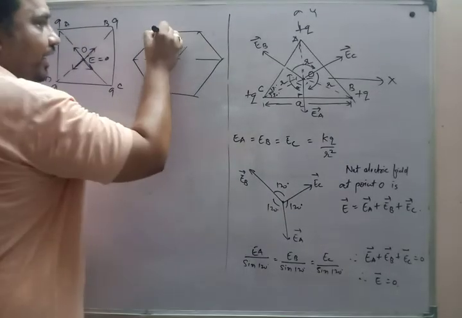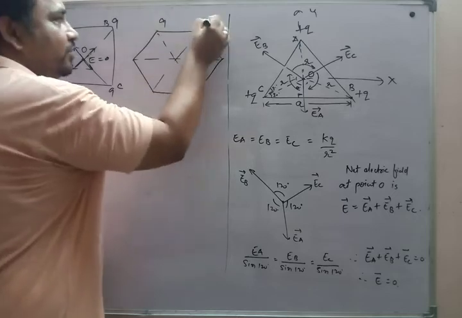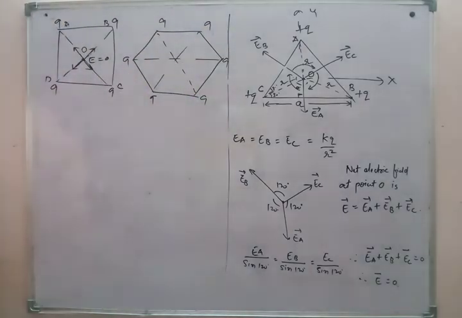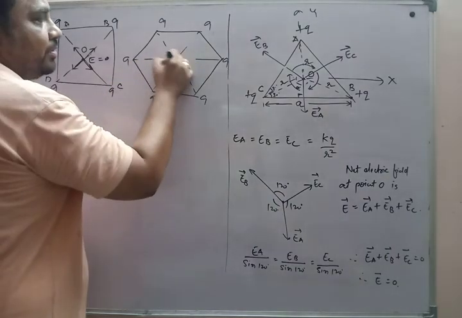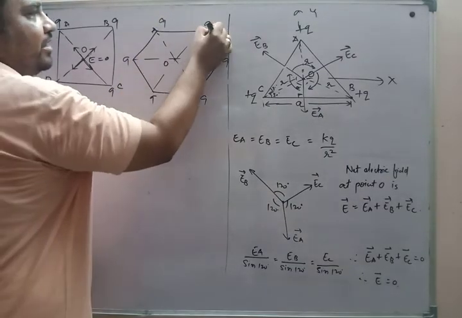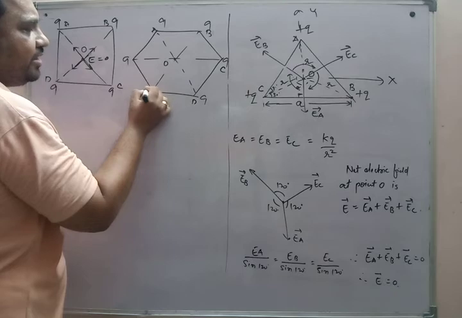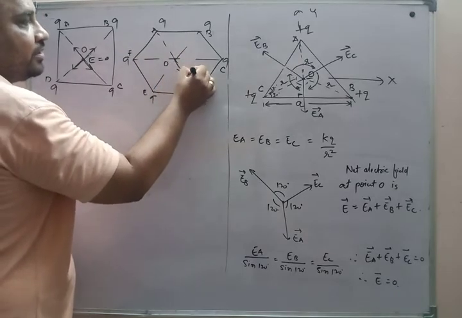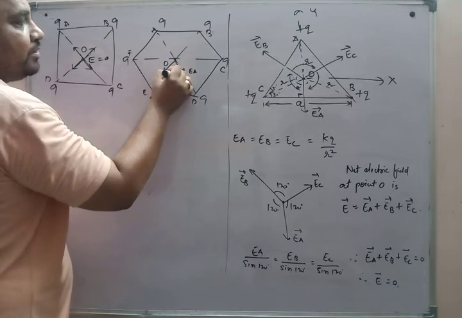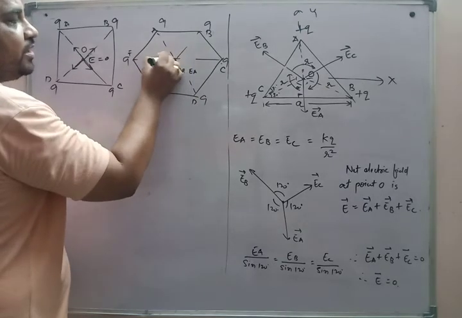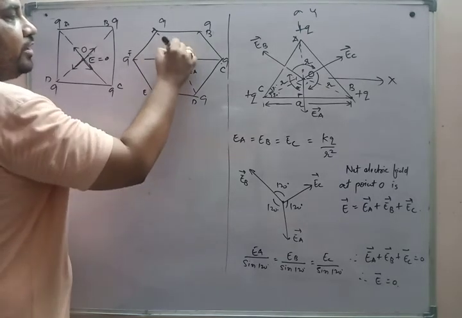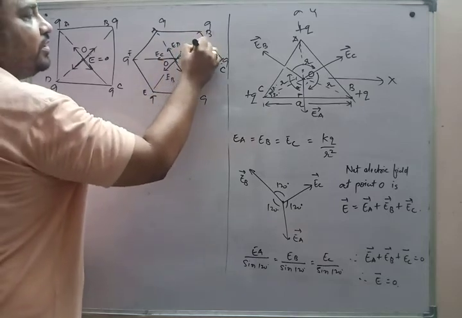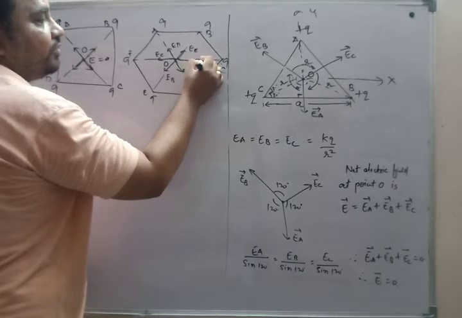So the resultant electric field at the center will be 0. Similarly, for a regular hexagon, if I place equal charges at all vertices, what will happen then? Let us name this also A, B, C, D, E and F. Due to A, EA, this is EB due to B, EC due to C, ED due to D, EE due to E and due to F, EF.